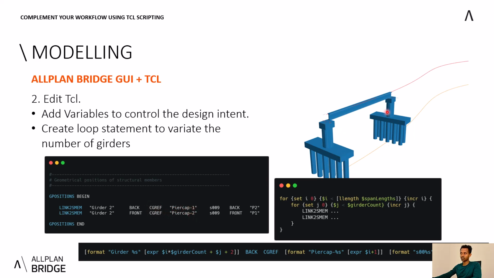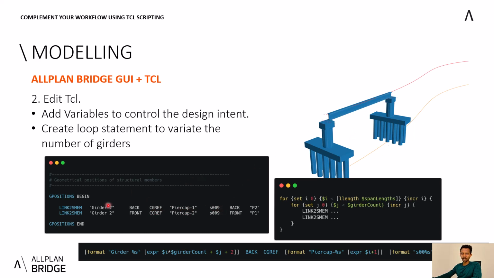The first placement is here: pier cap 1, station 9, meaning this is the station, and to pier cap 2 to the back of the girder P2. The girder has a point P2 here and P1 there. And the placement position of the reference is the pier cap at the station S09. So basically we have that.